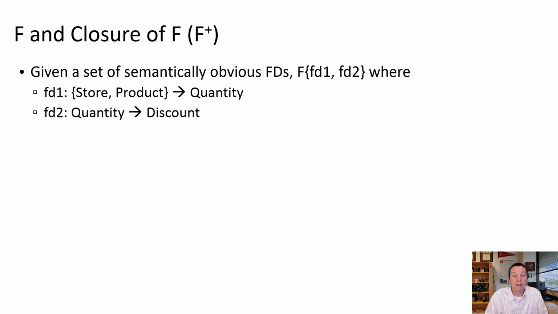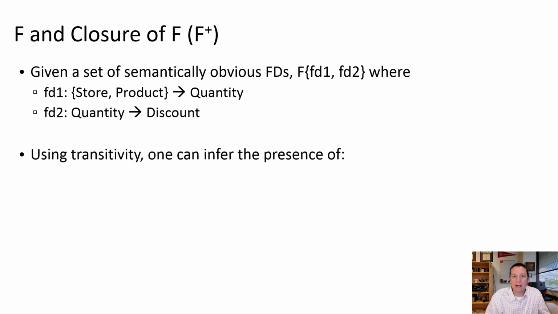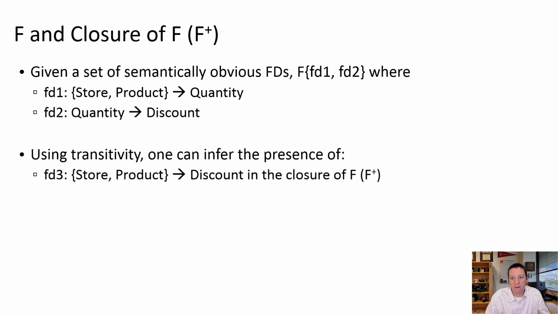So, for example, given a set of semantically obvious functional dependencies, the ones described by our business users, we have these two: store and product functionally determine quantity, and quantity functionally determines discount. Based on FD1 and FD2, using transitivity, we can infer a third functional dependency: store and product together functionally determine discount.